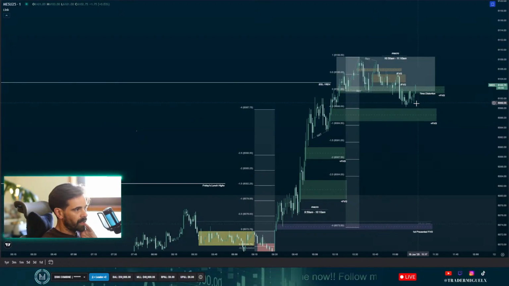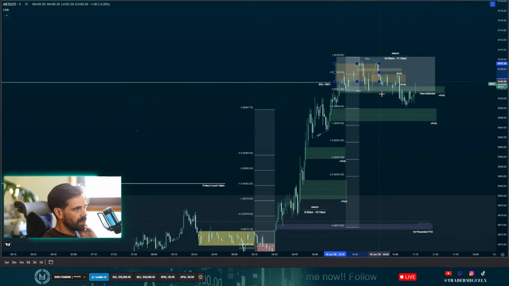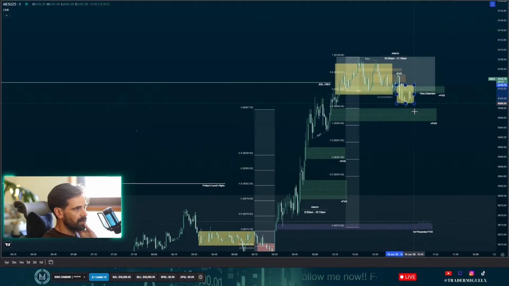So now we have ES reacting and getting out of this fake breakout. This now can eventually be the accumulation. So accumulation here. This can be the manipulation to the downside.